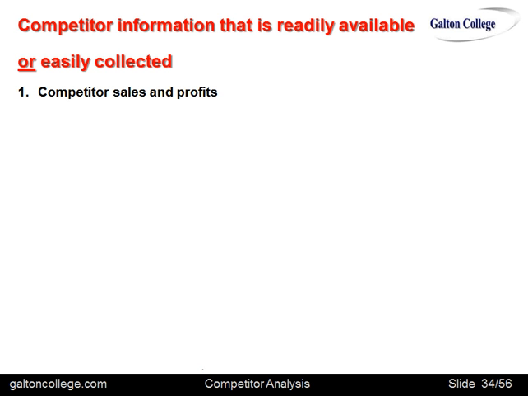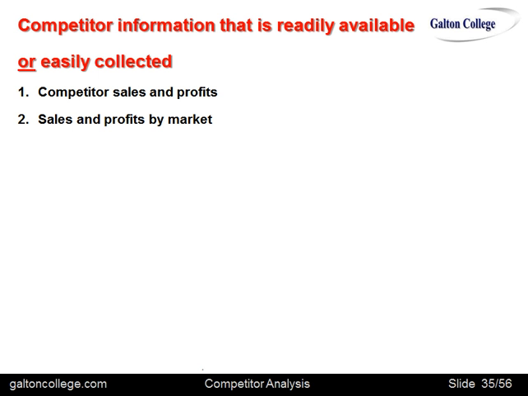The competitor company is doing well. It's investing, it's buying bigger premises, it's got better offices, it's doing well. So profits are increasing. So that may be a source of information.